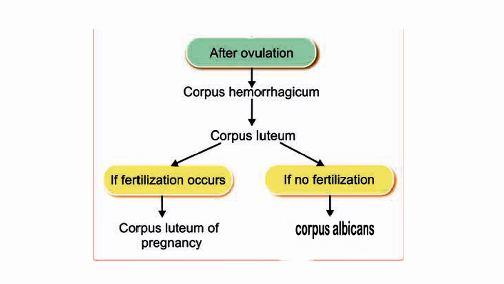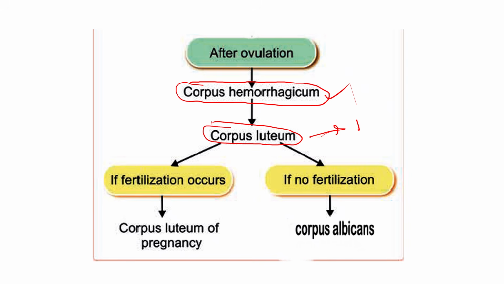After the ovulation, the empty Graafian follicle will be filled with blood, and we call that corpus hemorrhagicum, which slowly converts into corpus luteum under the influence of luteinizing hormone.